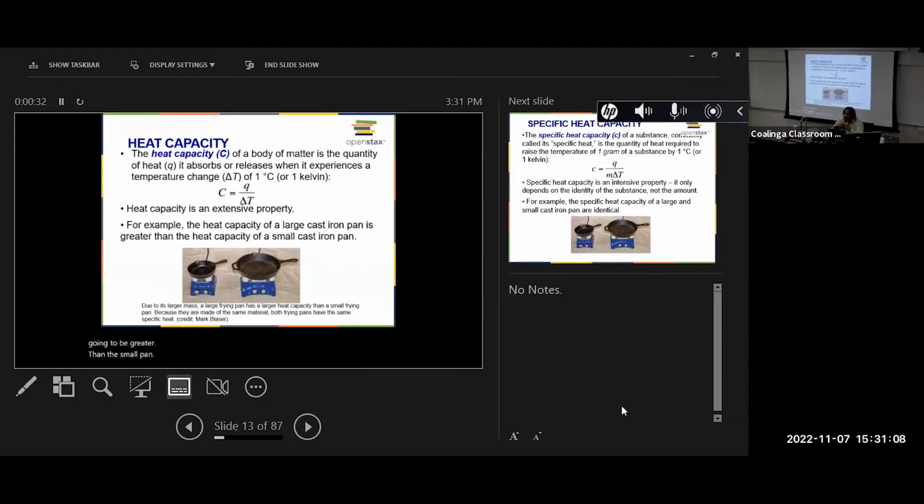That makes sense, right? Because there's more to the large pan, so it can take more heat. Now, if we look at this equation, capital C represents the heat capacity, Q represents the heat, and delta T represents the change in temperature. Okay. So we get our equation.